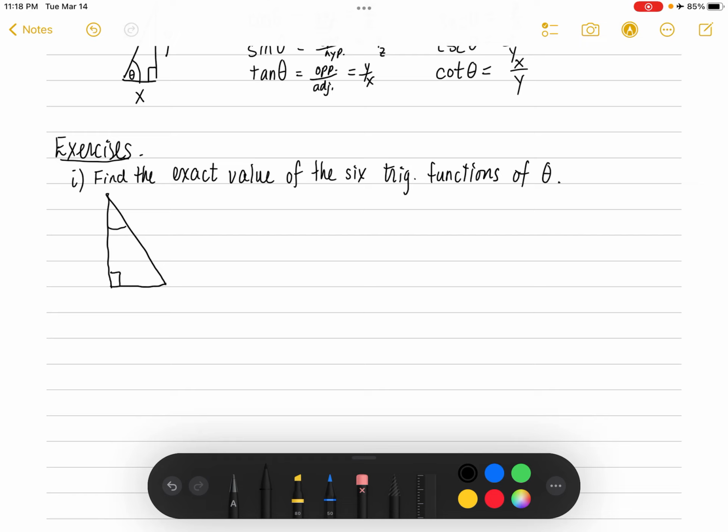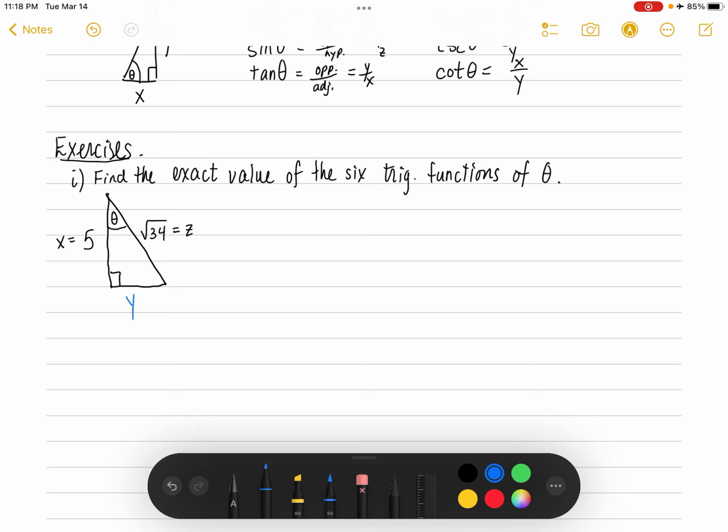Theta is actually going to be up here. And I'm going to have 5. I'm going to have the square root of 34 right here. So I'll call this one x, since it's adjacent to theta, and square root of 34 I'll call z. So that means this unknown side here is going to be y.